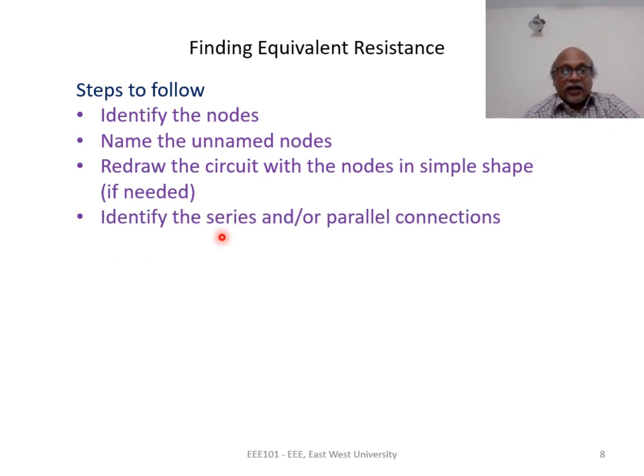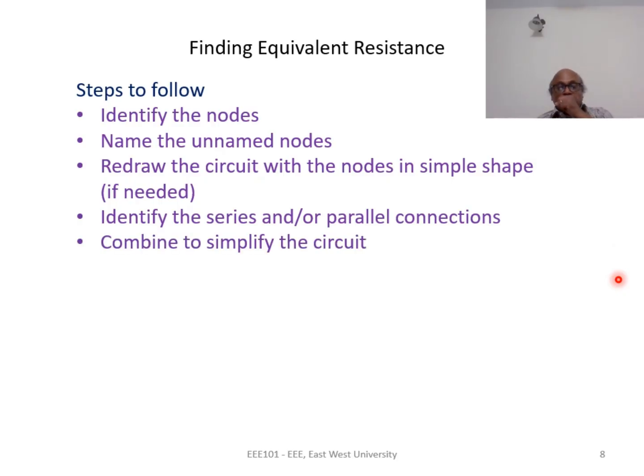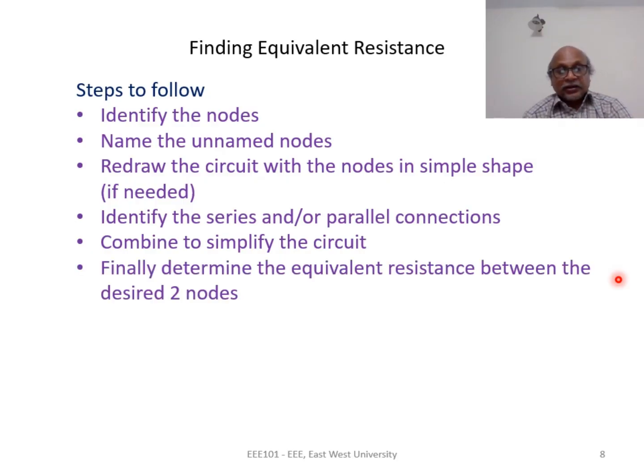Then we will identify series and or parallel connections, and we will successively combine the resistances in series and in parallel to simplify the circuit. Finally, we will have only two nodes, and the equivalent resistance between two nodes will give us our desired result.